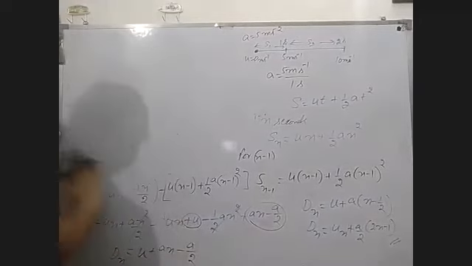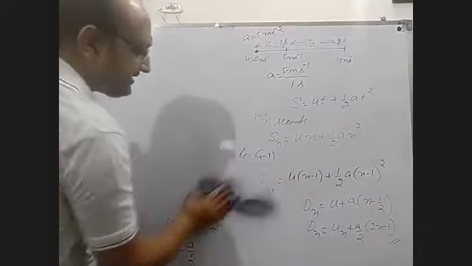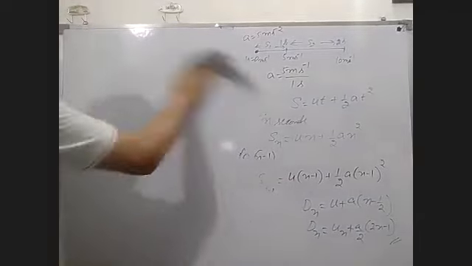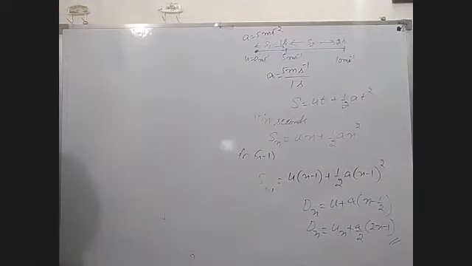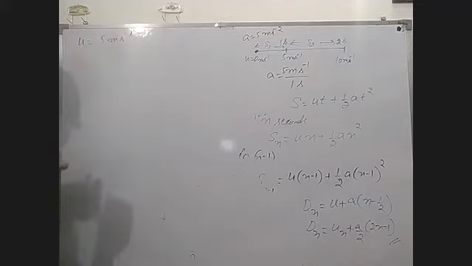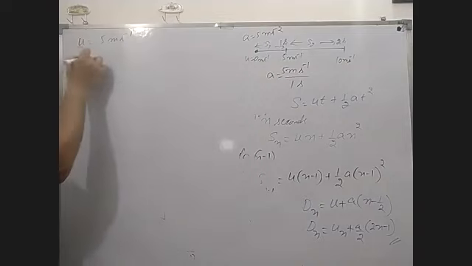Now let us take an example for this, one numerical based on this article. Only the values I am taking from the numerical. A particle having initial velocity 5 meters per second moves with constant acceleration 2 meters per second square.